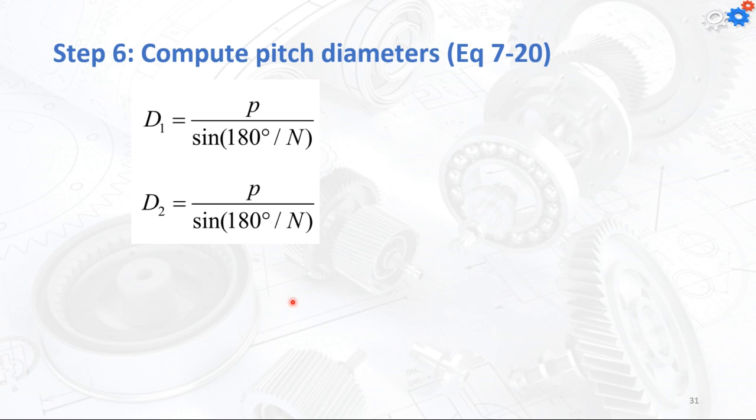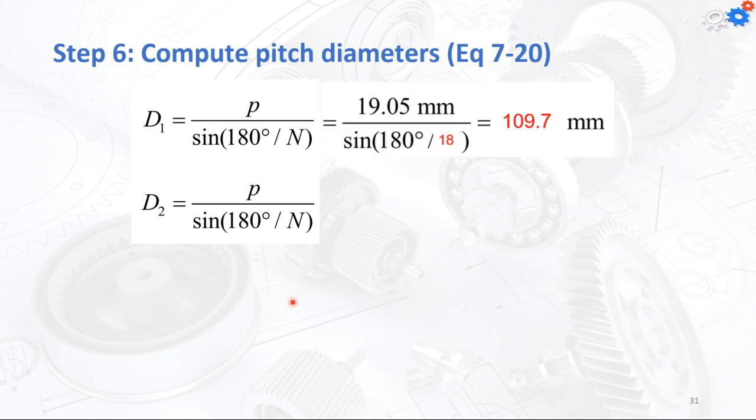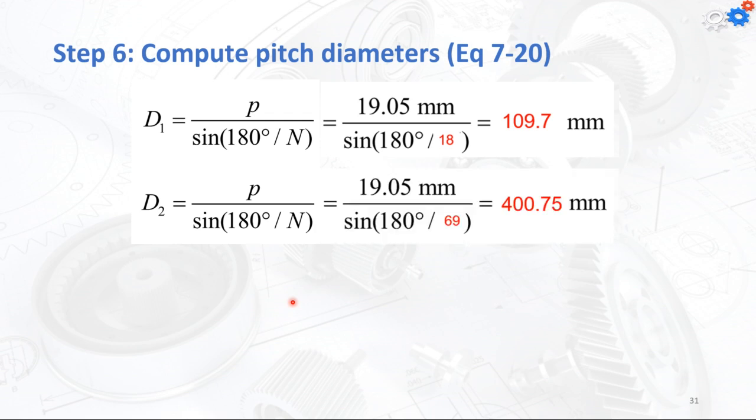So we can simply apply the equation for the first part, and we're going to get 109.7 millimeters for the input. For the output, the number of the teeth is going to be 69, so we're going to have the value to be equal to 400.75 millimeters.